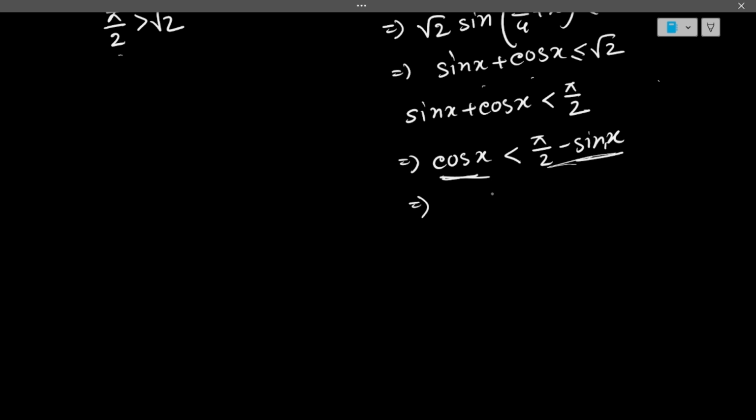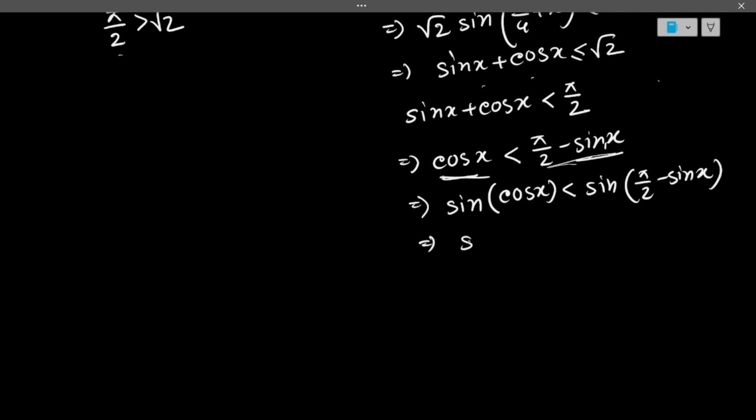If we take sine on both sides, we know that the sine function is increasing in the range 0 to pi by 2, so the inequality sign will not be changed. So we can say sine of cos x is less than sine of pi by 2 minus sin x.